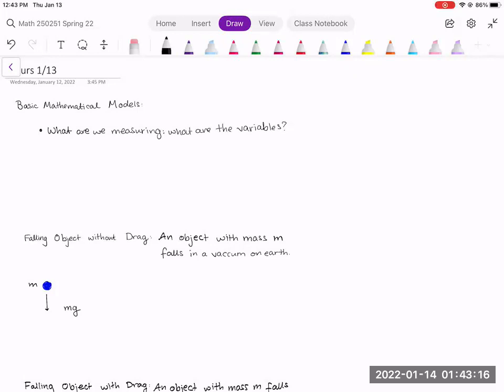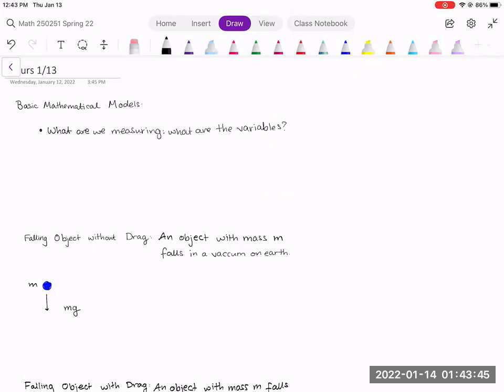Does it make sense for us to build the equation in terms of something like concentration, if we're looking at some liquid, or maybe in terms of amount? This is a process that can take a little bit of practice, and you may have to experiment a little bit.